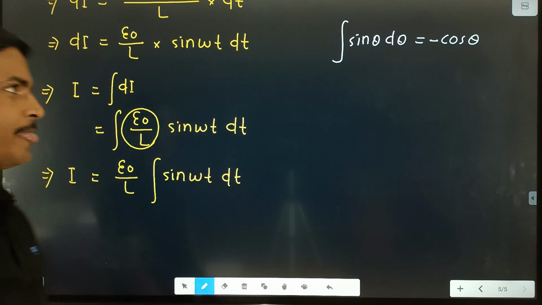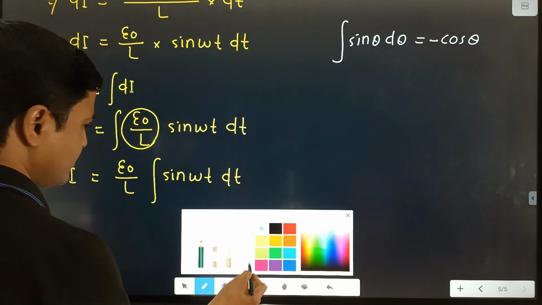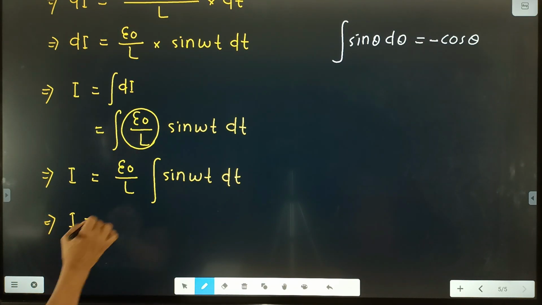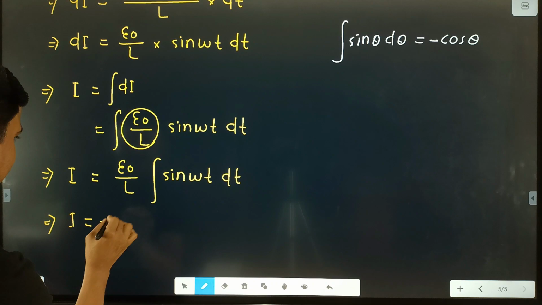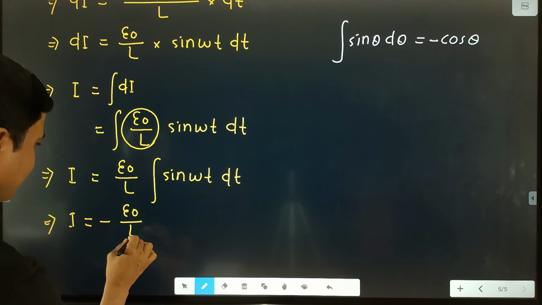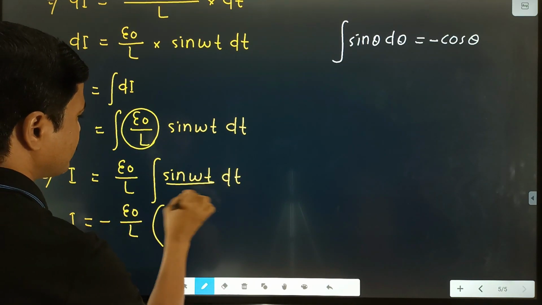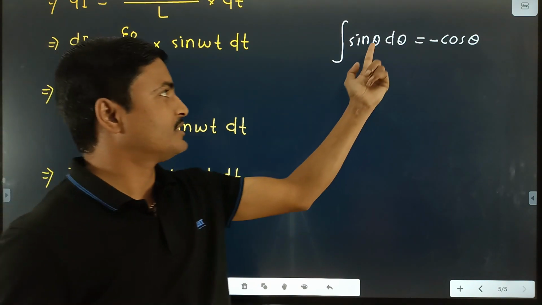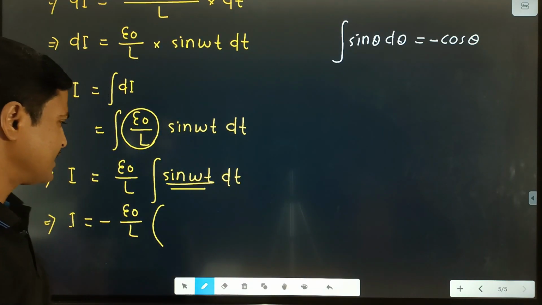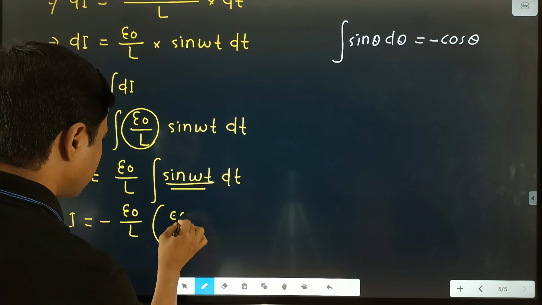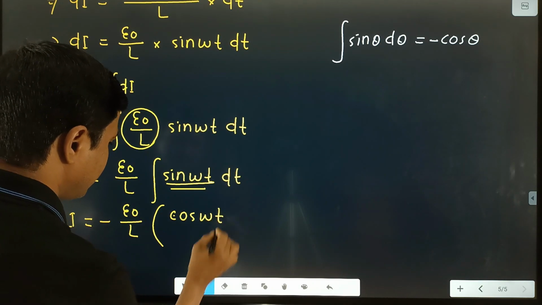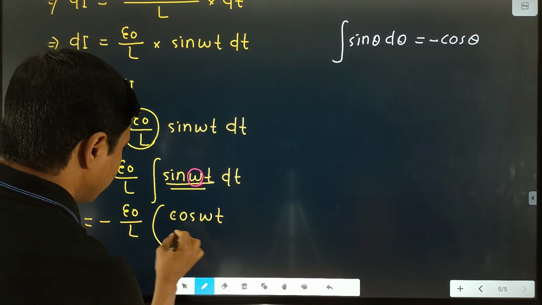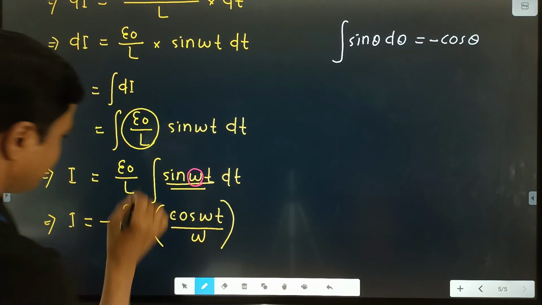So I is equal to minus E0 by L, and here omega t is there in place of theta, so cos omega t, and the extra term omega, so we divide by omega. This is the integration.